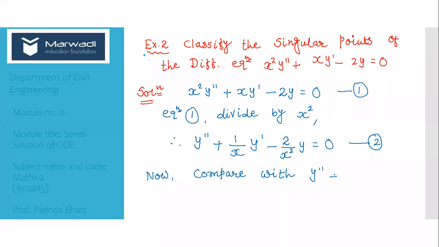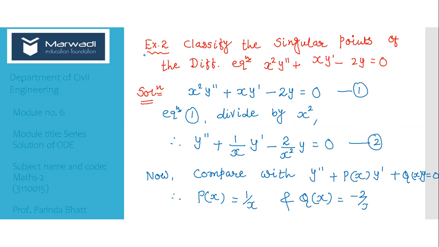Now compare with y double dash plus p of x y dash plus q of x y equals 0. Therefore, p of x is equal to 1 by x and q of x is equal to minus 2 by x squared.